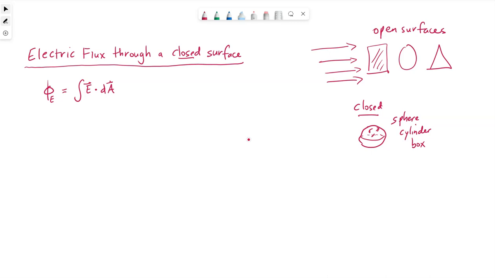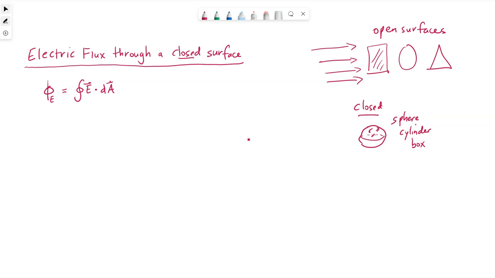So the inside is closed off from the outside. On our integral, we write this with a circle around the integral sign. That represents that it is a closed surface.